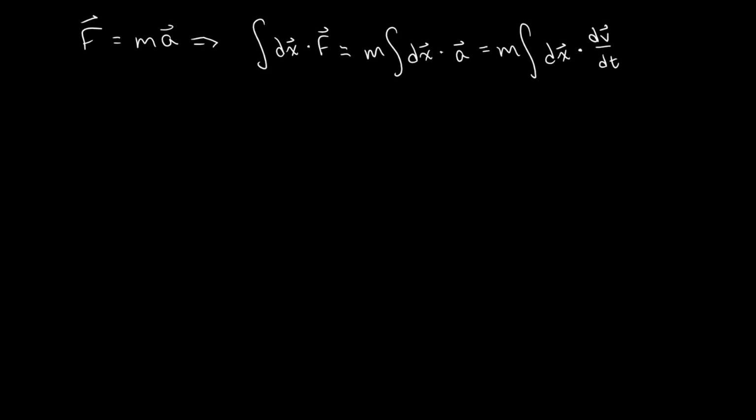Now we pull a bit of a trick, the same trick that we pulled with the one-dimensional case, where if I have something like this, I can treat all of these little d whatevers as independent objects. They're called differentials. So I'm going to swap this dt over to here, and say that this is equal to dx dt dot dv. But dx dt is just the velocity. So this is v dot dv.